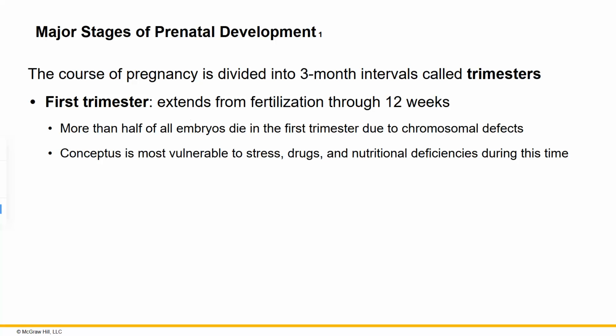This is the most critical trimester for development of all the organs, so any type of medications, drugs, toxins, anything like that that the fetus is exposed to can have detrimental effects. They say like a quarter of all pregnancies are lost during this trimester. Here it says more than half of embryos die in the first trimester due to chromosomal defects.